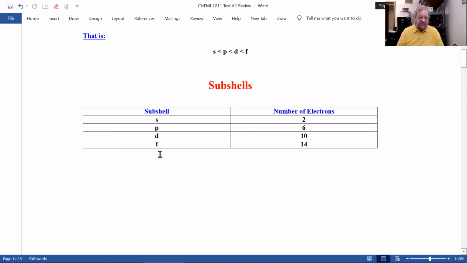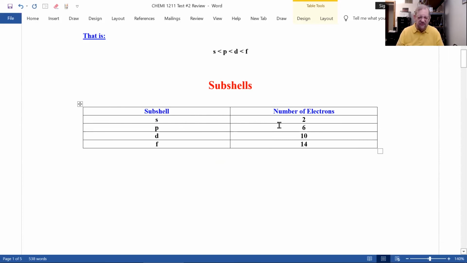Now, subshells, excuse me, have only a certain amount of electrons you can put in there. They're actually written lowercase. If you do upper or lowercase, I don't care. Now, in a subshell there's only a certain amount.